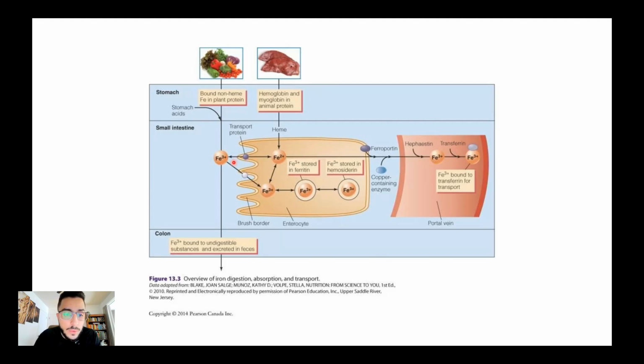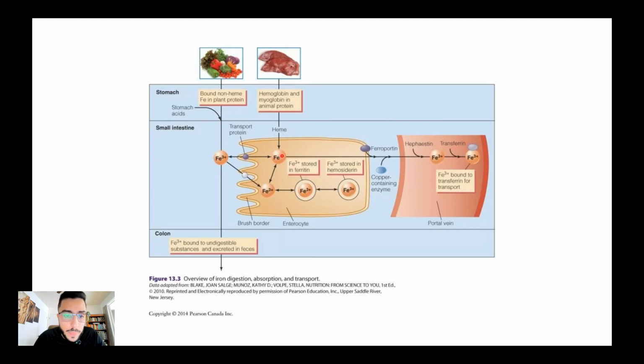It gets reduced, then oxidized, and then bound to transferrin, and then transferrin will allow it to go through the body and go wherever it has to go. Okay. Heme iron comes inside a heme, and it's already in the form of ferrous iron, so it can directly go to the blood, get oxidized, and then transferred.